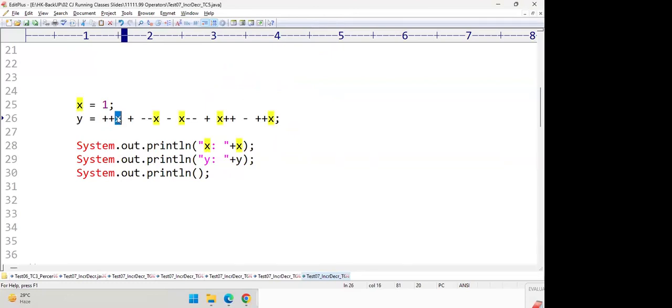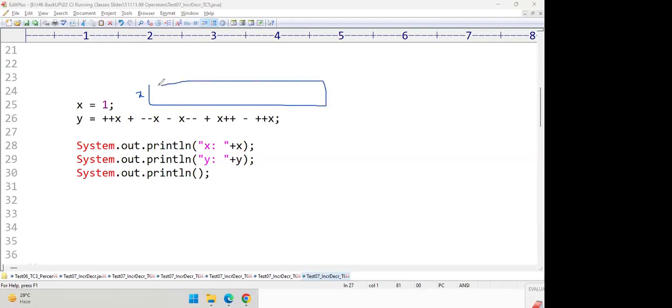Whenever a variable name is there, I have to read. Minus minus first comes: decrease, read. X means the variable name is first, so read and substitute, then minus minus decrease. Substitute in the variable's memory space. Read, substitute, increase.